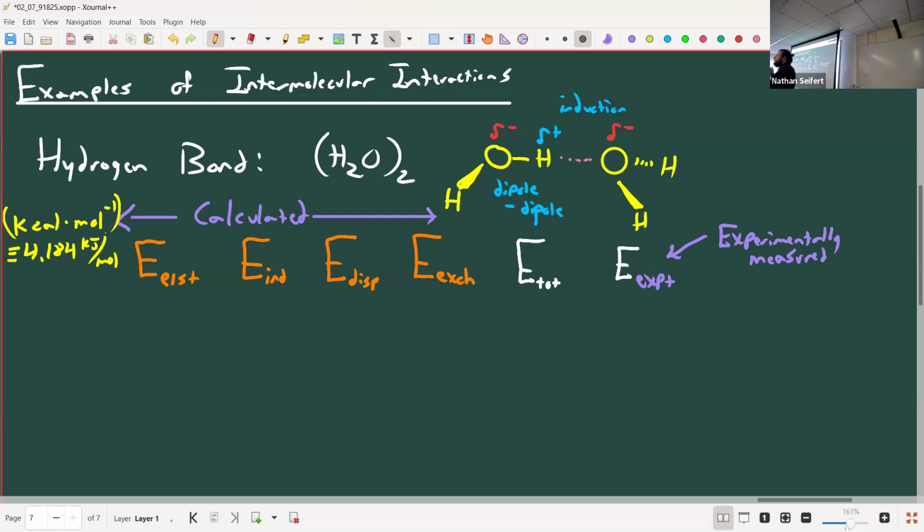And where kilocalories come from is the amount of energy to heat 1 gram of water by 1 degree. It takes 4.1 or so for a liter of water. So 1 kilocalorie per mole is how much energy it takes to heat 1 liter of water by 1 degree. And that's 4.184 kilojoules.